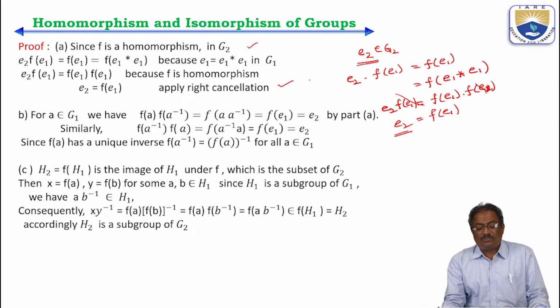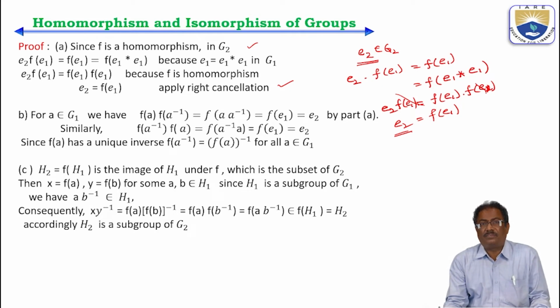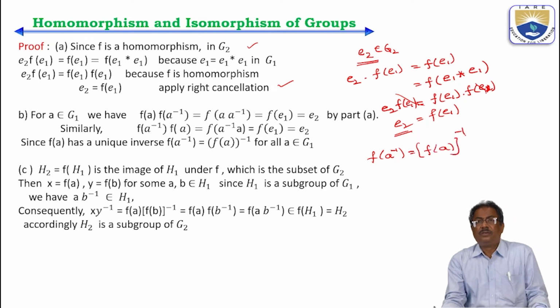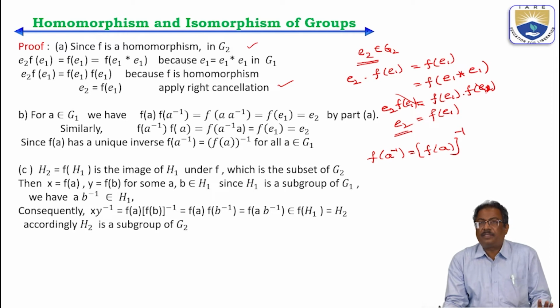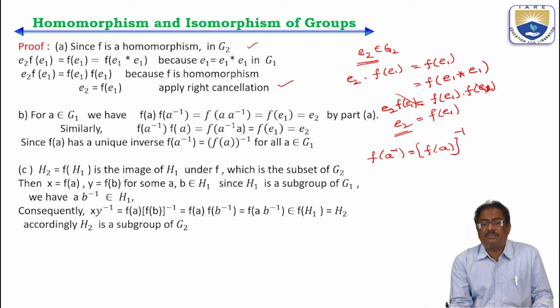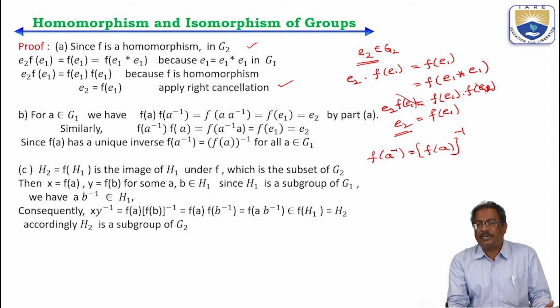And the second one is we have to prove that f of a inverse is equal to f of a whole inverse. By using the concept of homomorphism, we are going to prove that f of a into f of a inverse, and f of a inverse into f of a, is equal to the identity element.